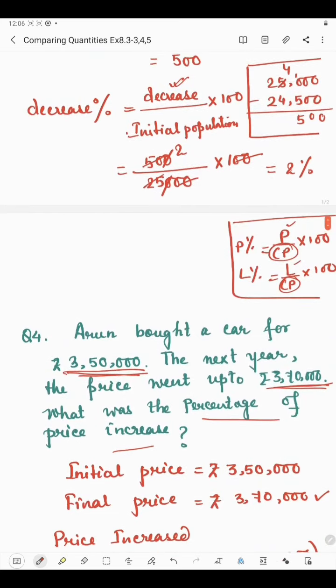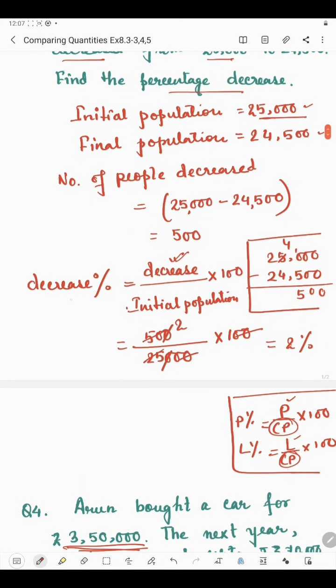Just now we have seen that to find the decrease percent, the formula was decrease by initial population into 100. The initial value we have to write in the denominator.